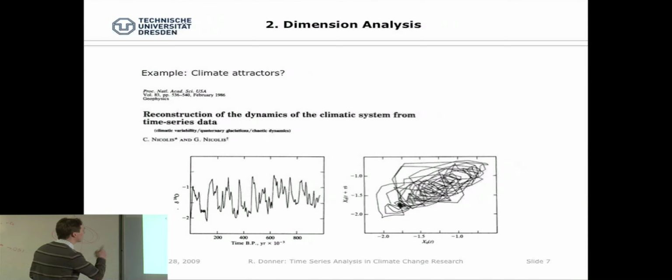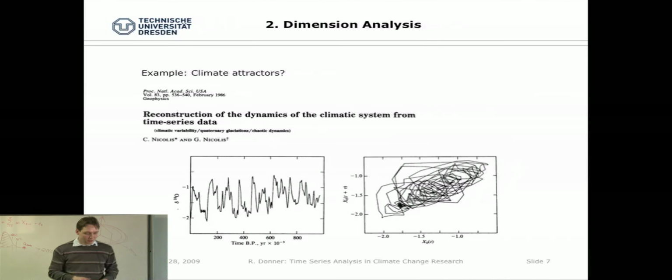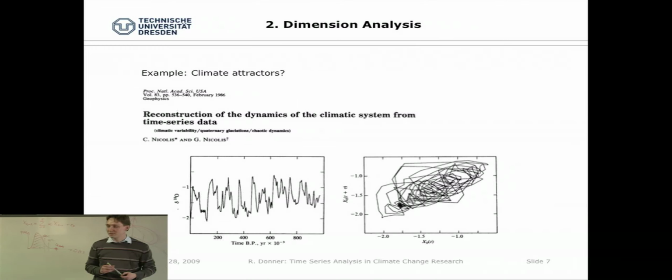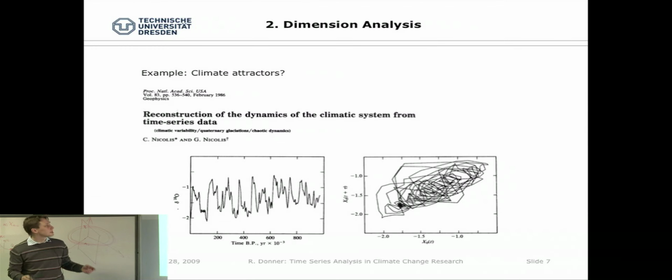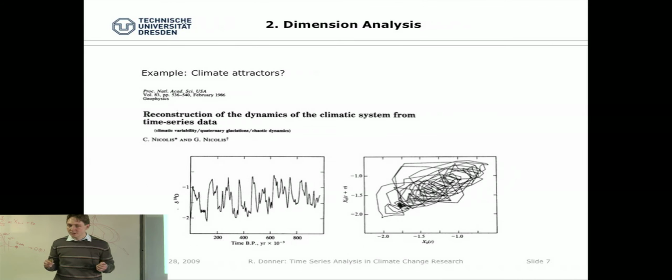And I give you only one example, which you might better consider as a counter-example. It was quite fashionable in the 80s to dispute whether or not there is a low-dimensional attractor for the climate system. Which means, can we describe the main dynamics of the climate by means of a very low-dimensional system?